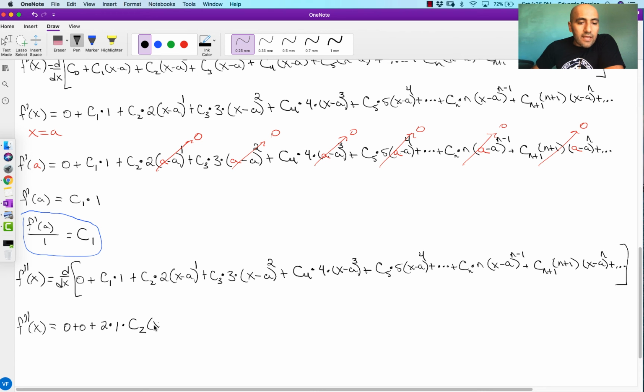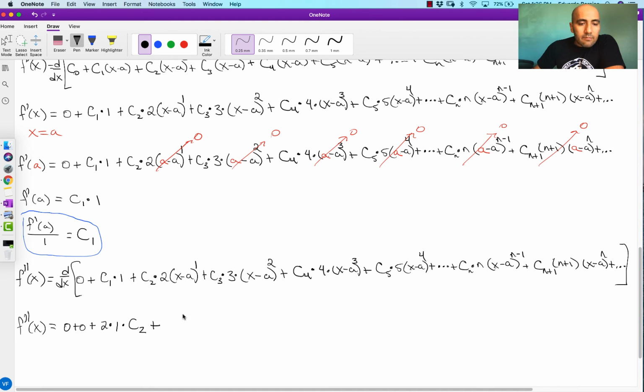And then there's this x minus a to the power of 0, right? When we take a derivative, we reduce the exponent by 1. So just like before, this is really a 1. So let's just get rid of it. Otherwise, it's going to get super duper messy. So there's just a 1 there. And let's keep going with our pattern.